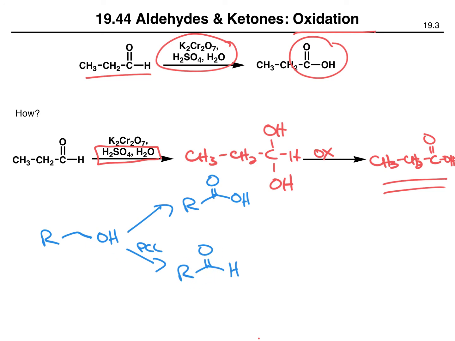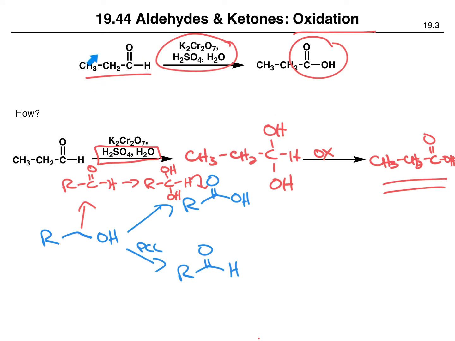But when the primary alcohol is treated with chromic acid, it actually is converted to the aldehyde, which is then converted to the hydrate, and then the hydrate is converted to the carboxylic acid. So it seems like it's really fancy different reagents, but it's actually due to the solvent that there is a difference in reactivity between chromic acid and PCC.